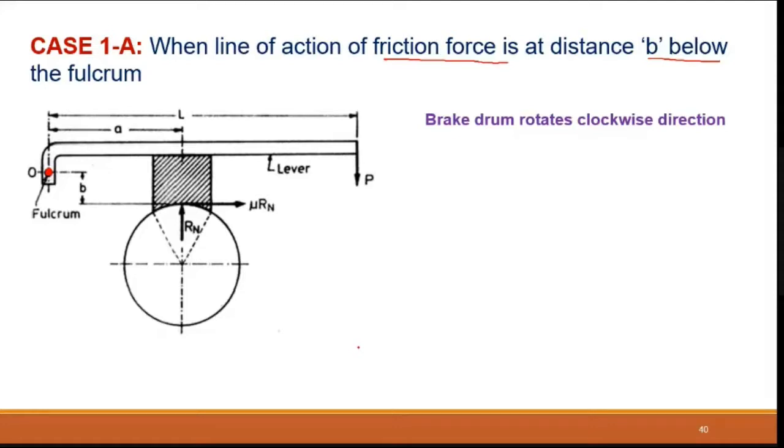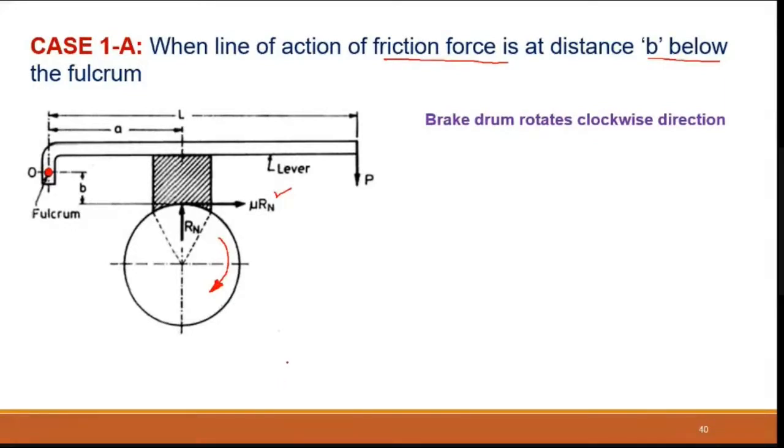And let me consider your brake drum is rotating clockwise. In that case, mu into Rn is to the right, because your drum will be in the opposite direction, so your lever will be in the same direction. So mu into Rn, this is right.